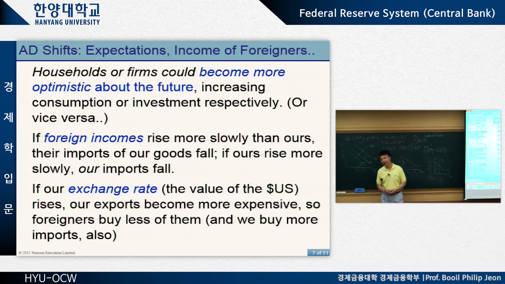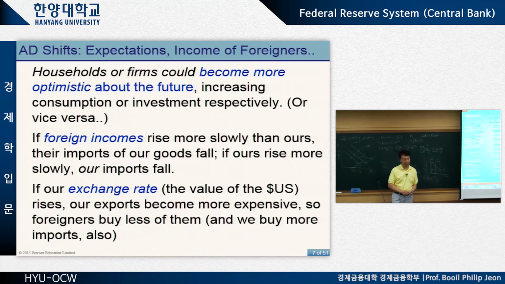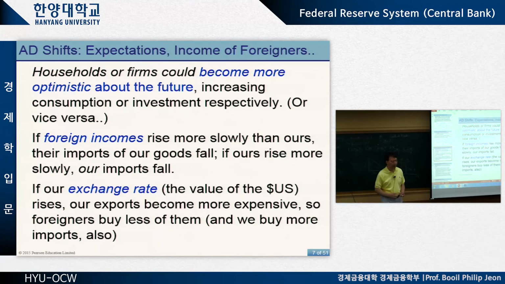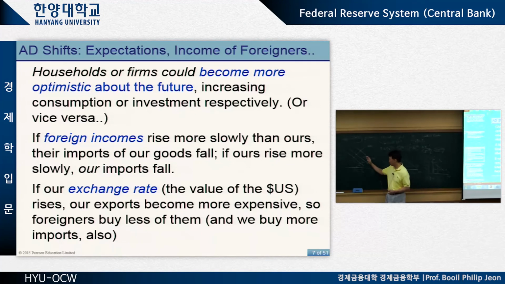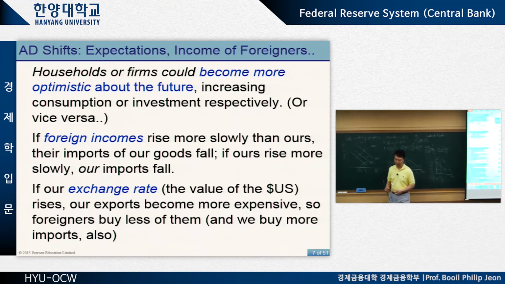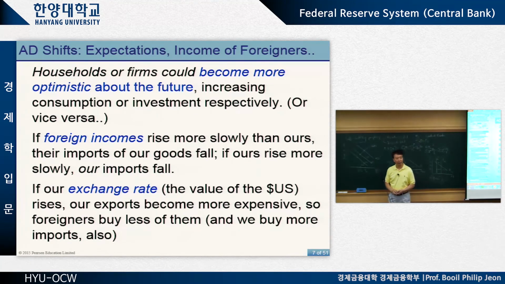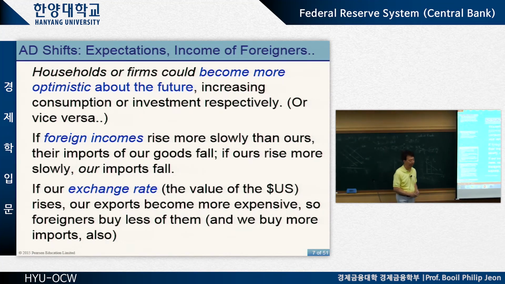If people think the economy will be worse next year, if people are afraid of the future, then they will reduce their consumption and increase saving. That means aggregate demand will shift back and the economy will actually shrink, just because people thought so. It's called the self-fulfilling prophecy.